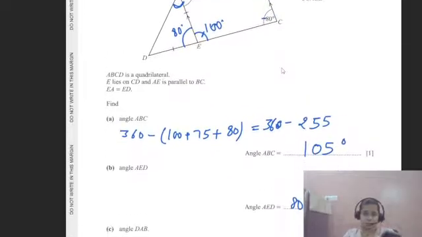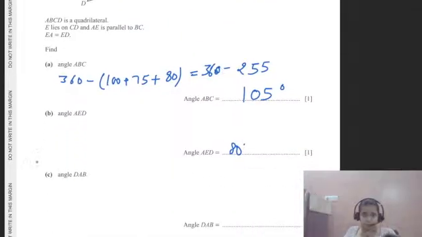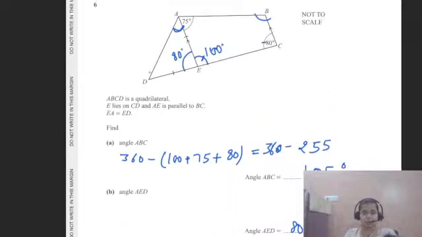So angle DAE will be equal to 180 minus 80 divided by 2, because you can see these two angles are equal because these are opposite to the equal sides.